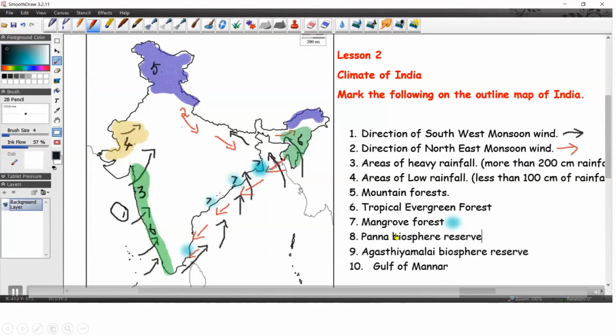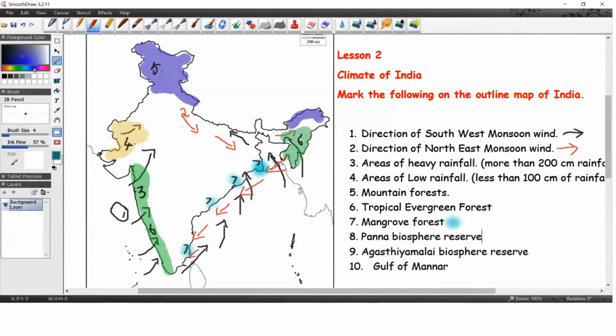This is number 7. And the next one is Panna Biosphere Reserve. This Panna is in Madhya Pradesh. Panna is also famous for its diamond mines. The only diamond mine of India is in Panna in Madhya Pradesh. Panna Biosphere Reserve, you have to mark just from here and also this area, like this.